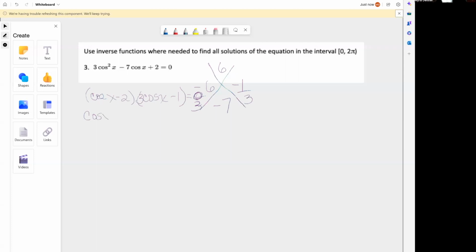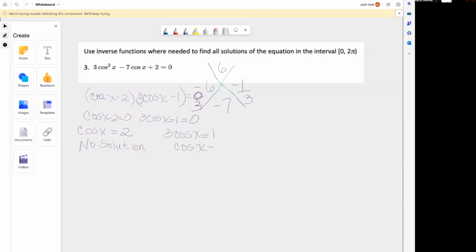So I have cosine x minus 2 equals 0. And I have 3 cosine x minus 1 equals 0. So cosine x, if I add 2 to both sides, equals 2. And guess what? This is not between negative 1 and 1. So right here, no solution, or undefined, however you want to state it. Okay, so I get 3 cosine x equals 1.